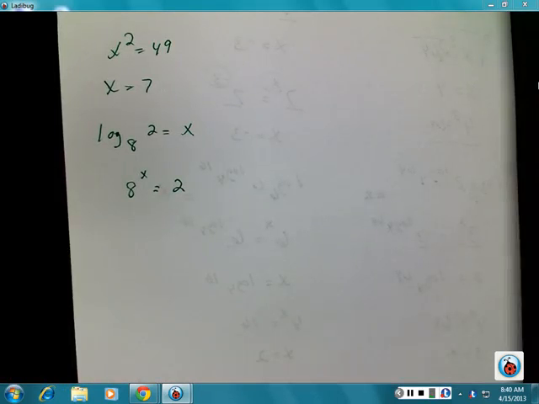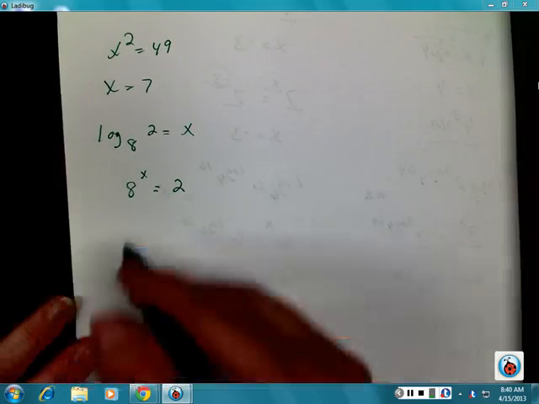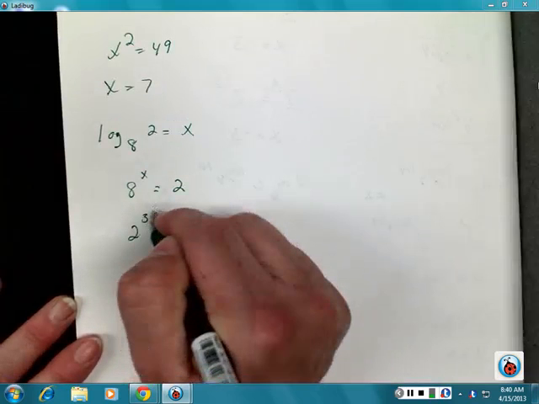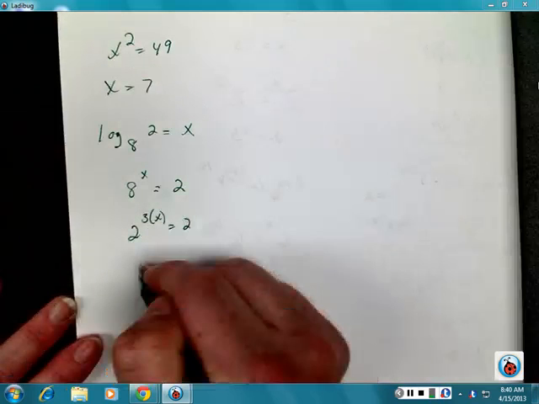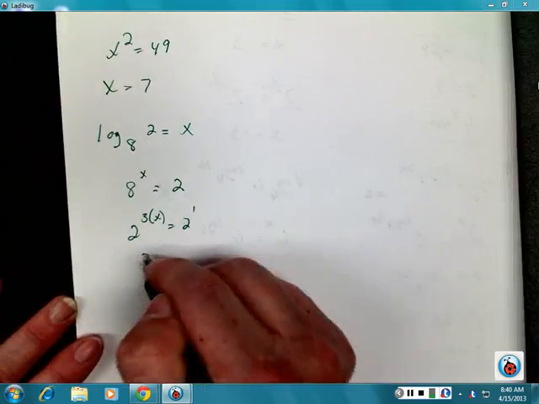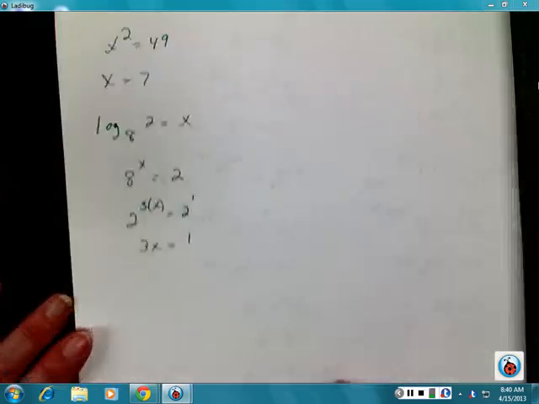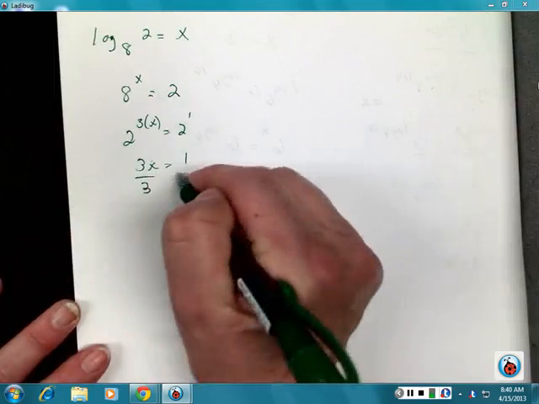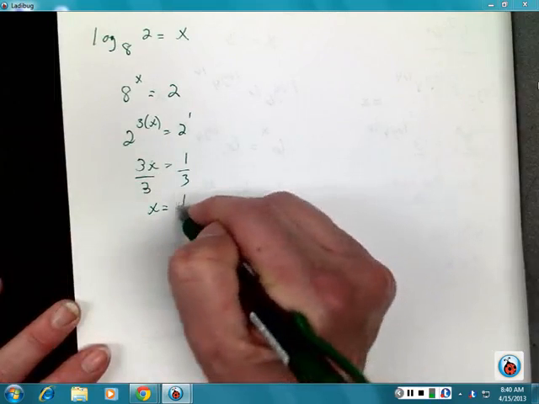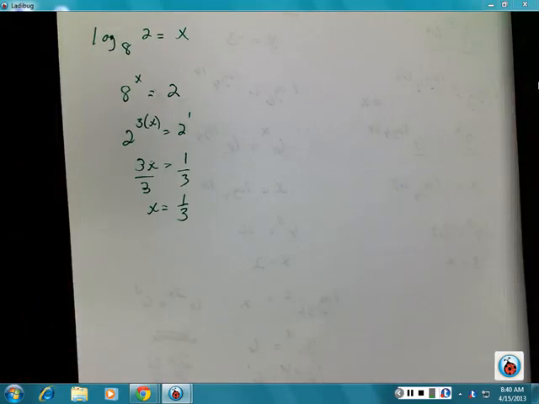No, 2 times 2 is 4, times 2 is 8, so it should be a 3. Yep. So it should be 2 to the 3 times x equals 2 to the first power, or 3x equals 1. Divide by 3, find x is equal to 1/3. So you get 1/3 out of that.